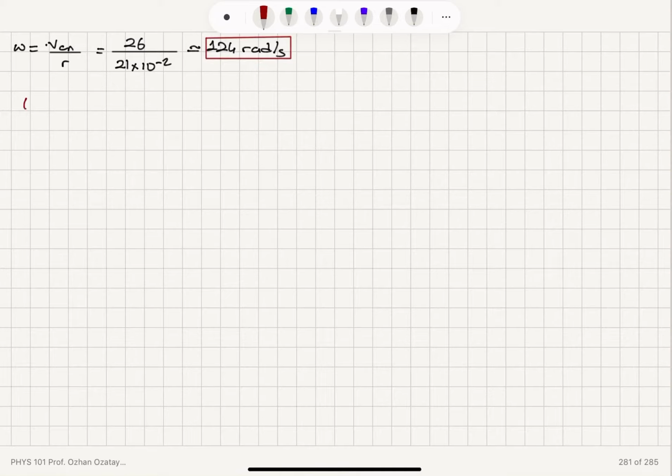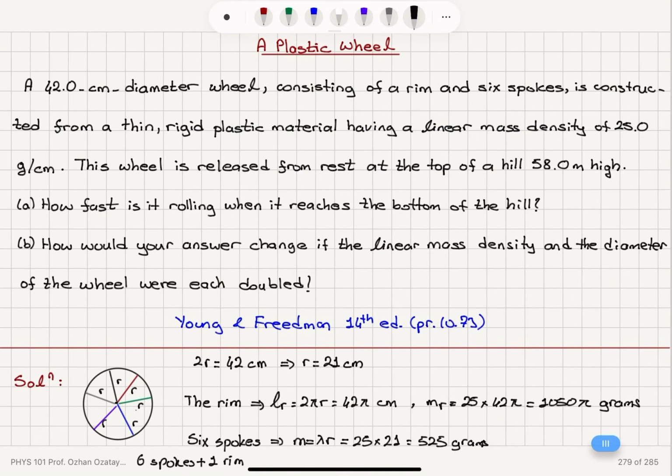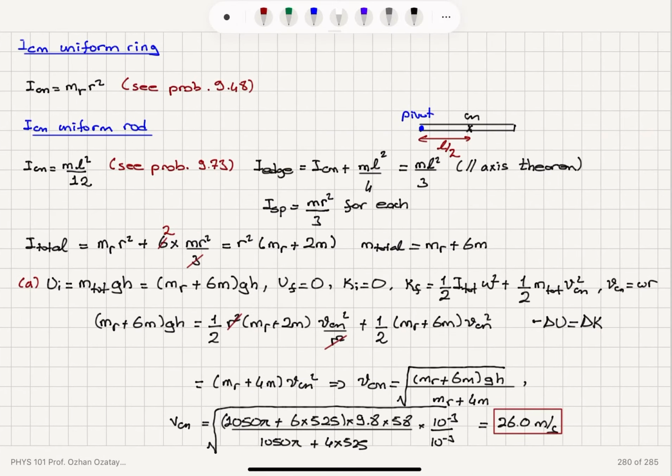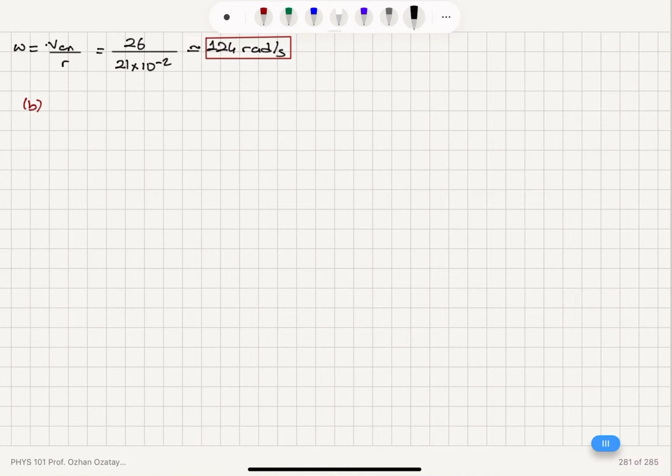Now in part B, we want to know what happens if we double the mass density and the diameter of the wheel. So they're each doubled. How does the answer change? Okay, so the mass of the rim was actually 2 pi r times lambda, and the mass of each spoke was lambda times r.